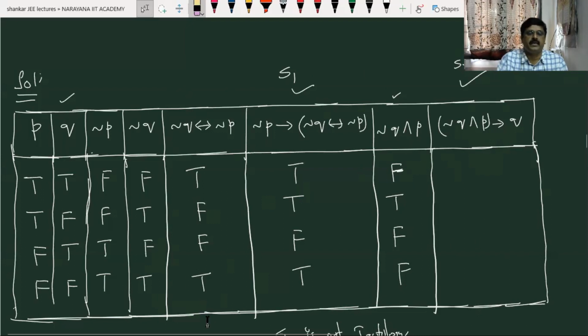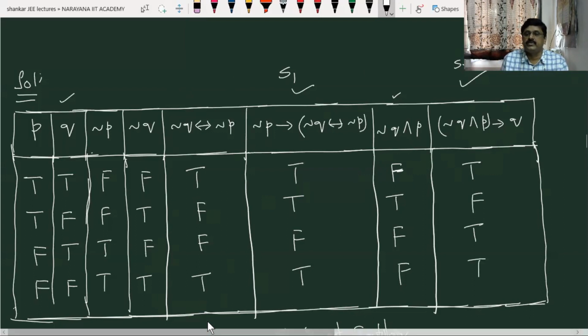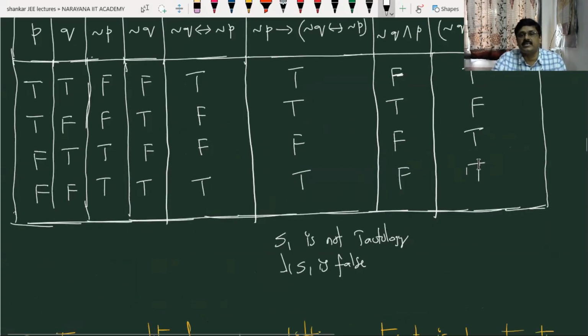F implies T is T. Next, T implies F is F. Next, F implies T, again the same T. F implies F is T. Students, they gave this as a fallacy.